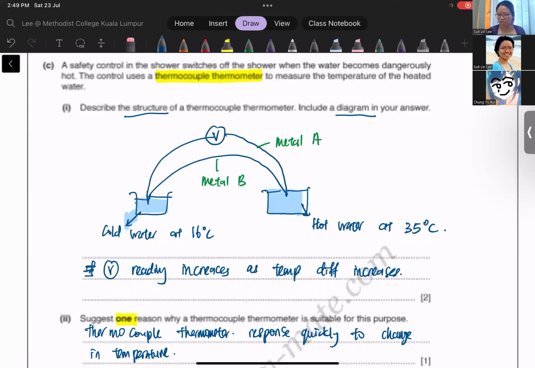If the temperature difference is more, then the voltmeter reading increases. This can trigger the off switch. So what I need to do is just connect the voltmeter into another circuit to turn off the heater.